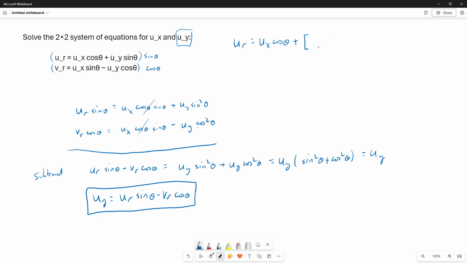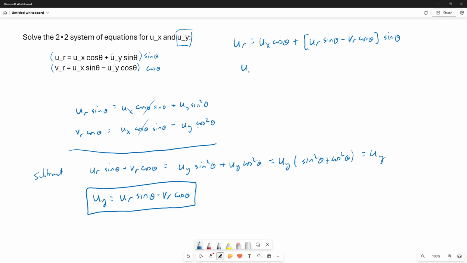U sub y is u sub r sine theta minus v sub r cosine theta. So that was u sub y and then sine theta. And now we'll solve this for u sub x. It looks a little bit complicated, but it turns out nicely.